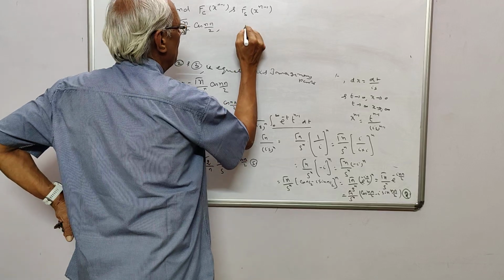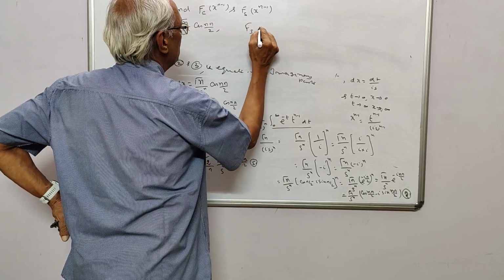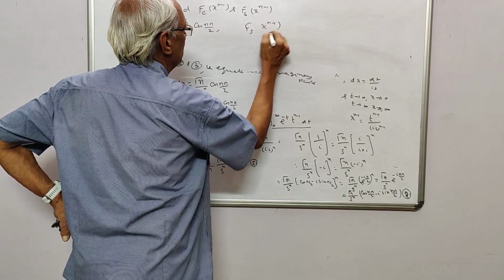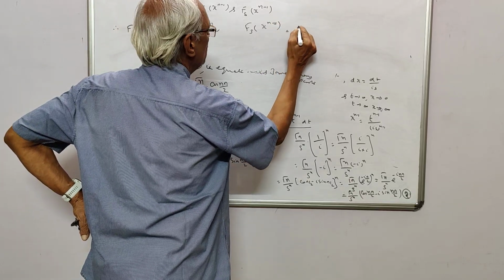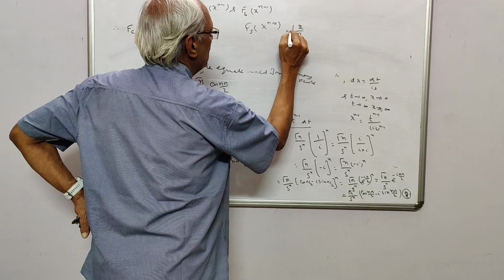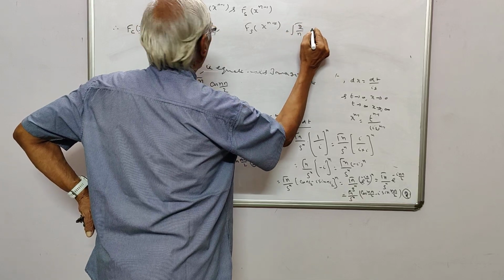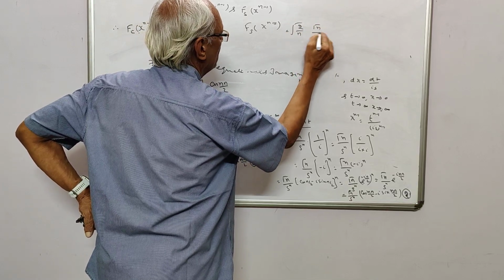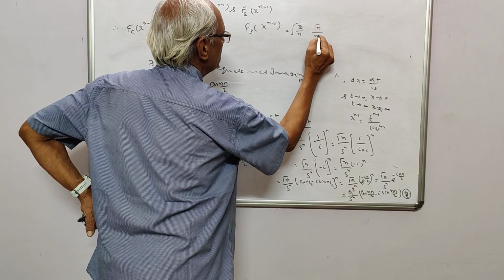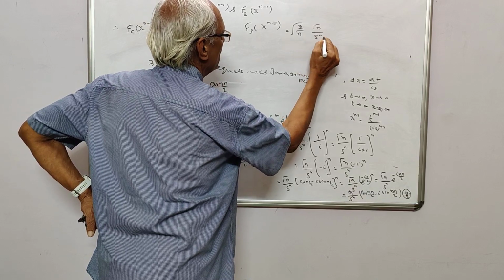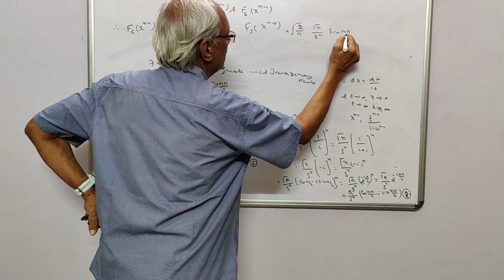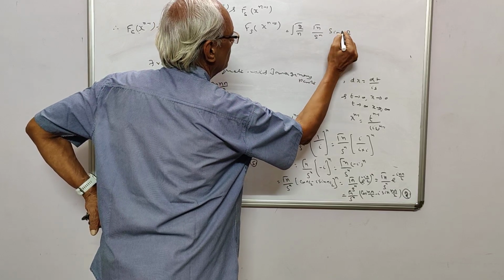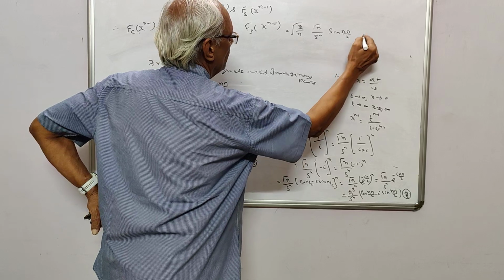Then Fs of x to the power of n minus 1 is equal to 2 by pi into gamma of n divided by s to the power of n, and it is sine n pi by 2. So these are the results.